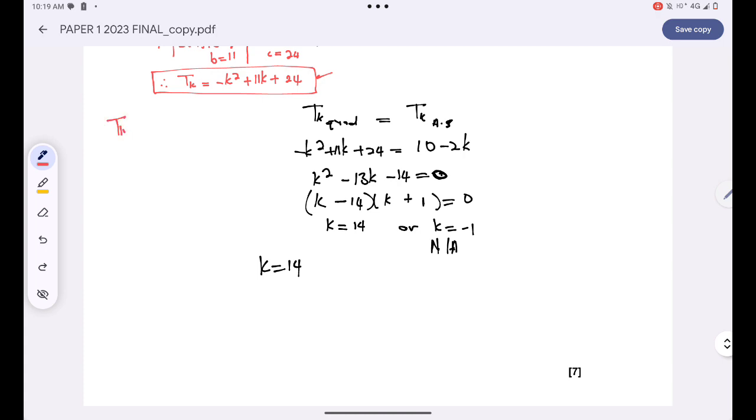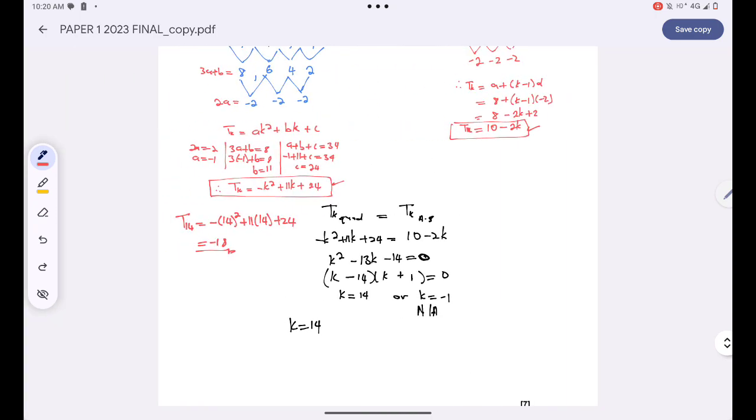We'll see that Tk, or rather T14, is equal to negative (14) squared plus 11 times 14 plus 24. Please use brackets whenever you substitute. So the answer will be negative 18.